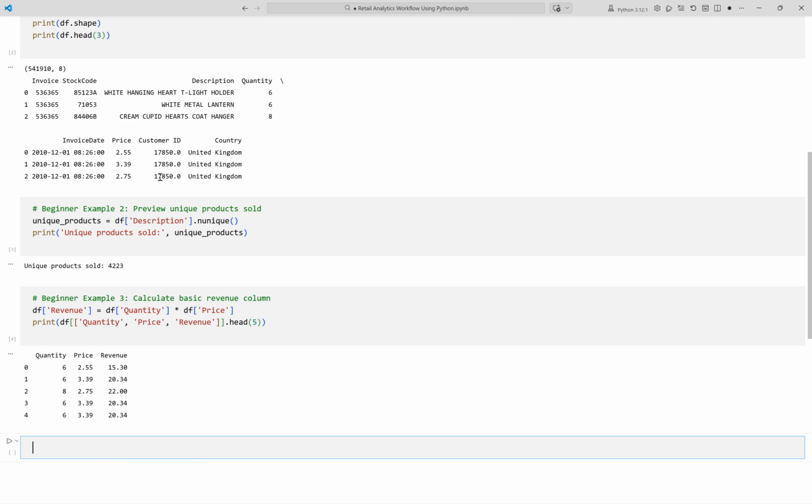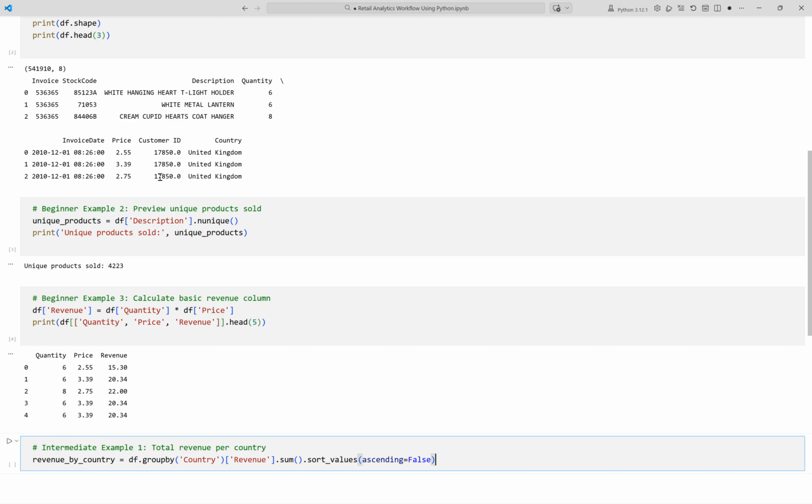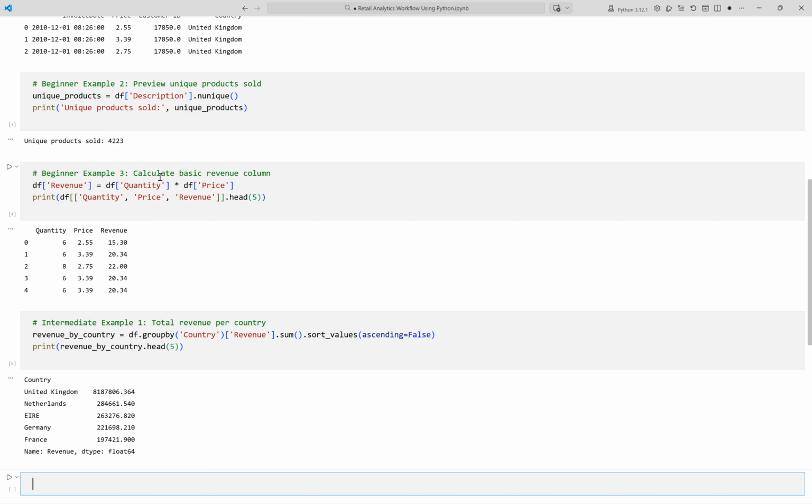Let us find top-performing countries by total revenue to inform where most sales come from. We group by country and sum all revenue for each one. We sort revenue in descending order and show the top 5 countries. Running the cell now. This output shows the total revenue generated by the top 5 countries, with the United Kingdom dominating sales by a wide margin.